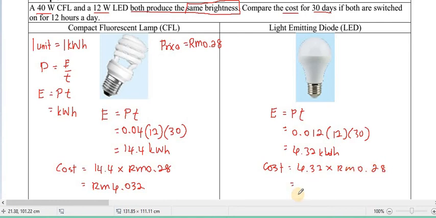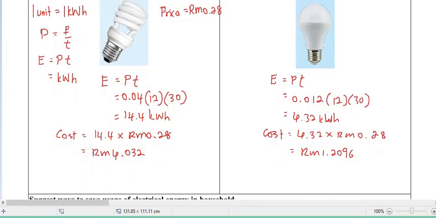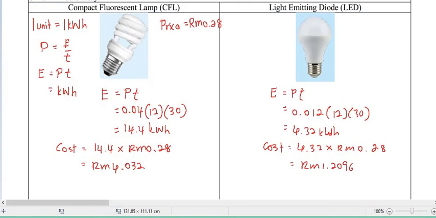So 1.2096, or you can also write as 1.21 ringgit, lah. Okay, 1 ringgit 21 cents also can. Alright, so you can see here that the LED is cheaper, lah. Although it's the same brightness, LED is cheaper in terms of the cost of the electrical energy.